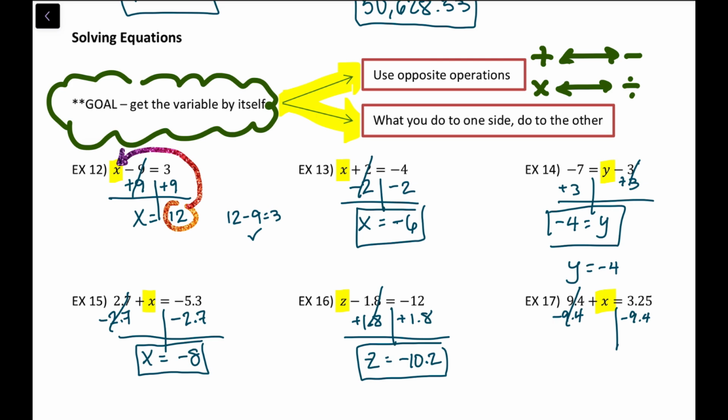Positive and negative 9.4 cancels, leaves me with x on the left, and a positive 3.25 minus 9.4 is negative 6.15. Please use your calculator for those. You want to make sure that you are getting the right value there.